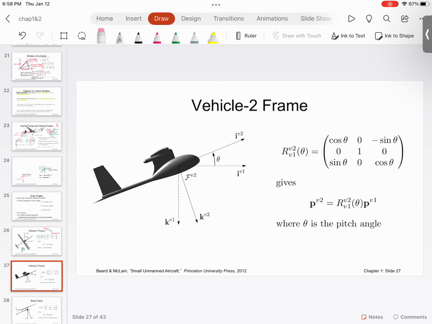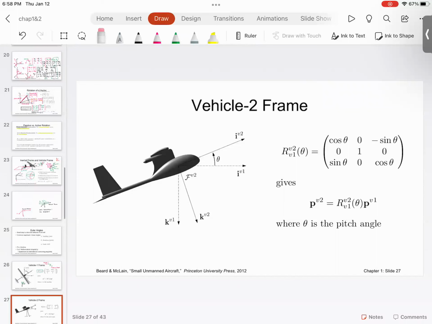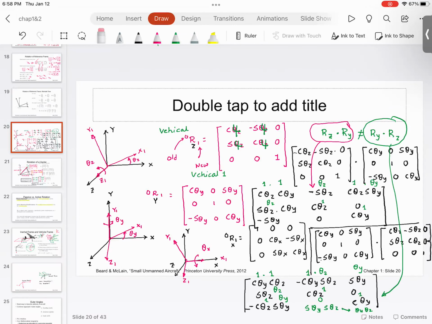Pitching is rotation about y, which means I would go to the rotation about y and replace theta y with theta, and that would take me, and this is very important, from vehicle 1 frame to vehicle 2 frame. Are you with me so far?